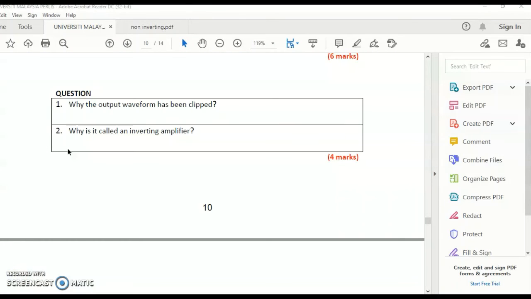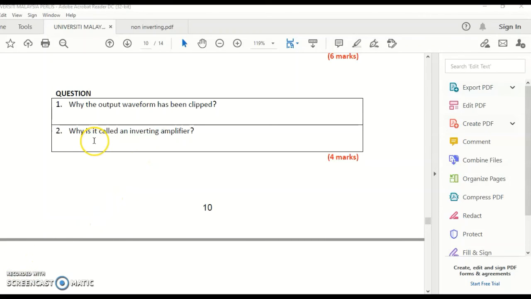So the question here: why has the output waveform been clipped? The output waveform is clipped because of exceeding the input and also the limitation in the power supply or the output stage.